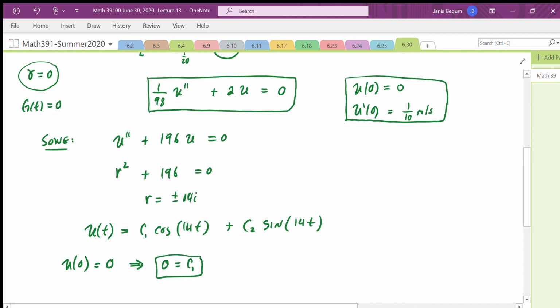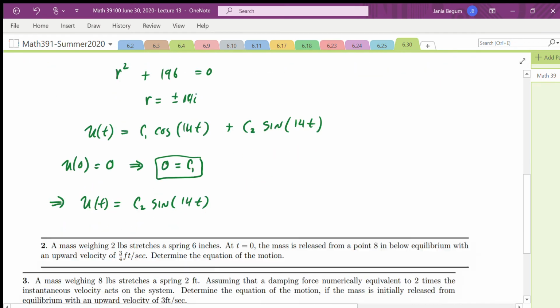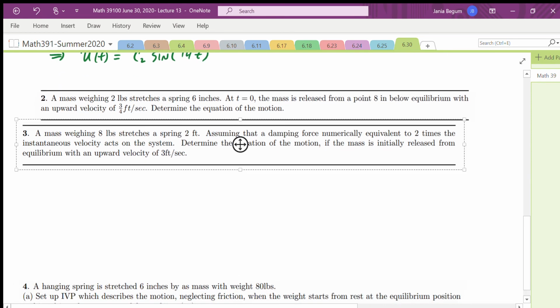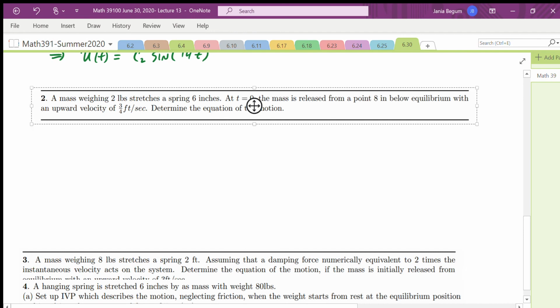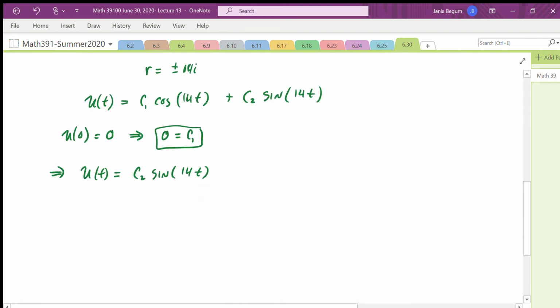If c1 is 0, then our u of t is c2 sine of 14t. I'm going to move these further down because they're in my way. Now we can differentiate u of t.